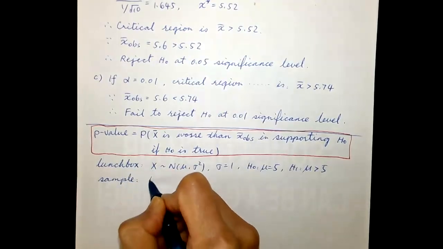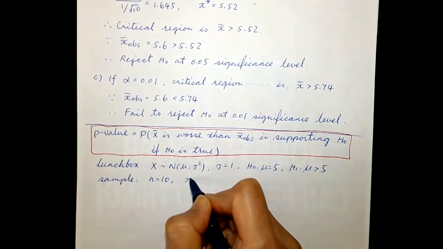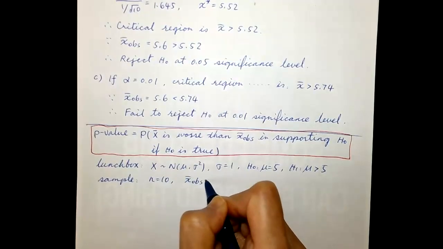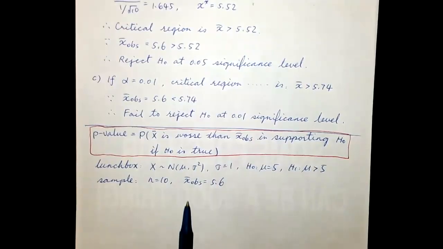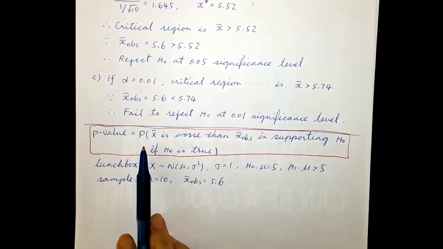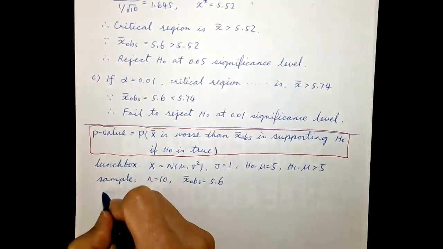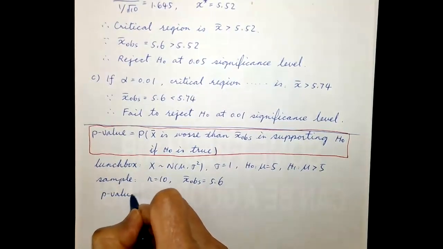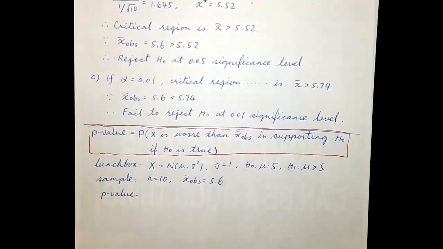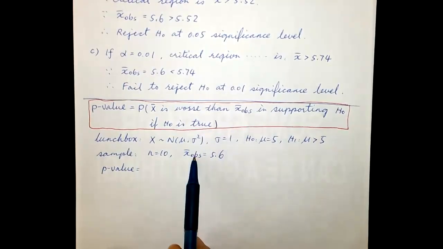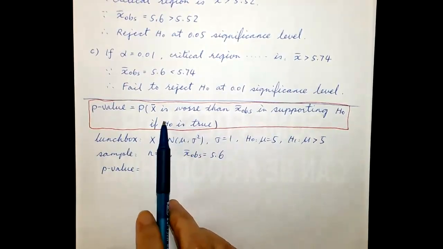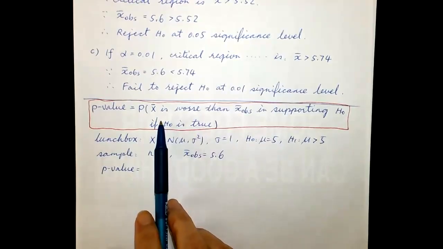And then the sample of 10 lunch boxes with average fat 5.6 grams. With all these, let's try to write out the p-value. So we have X bar observed, right? That's the easier part.